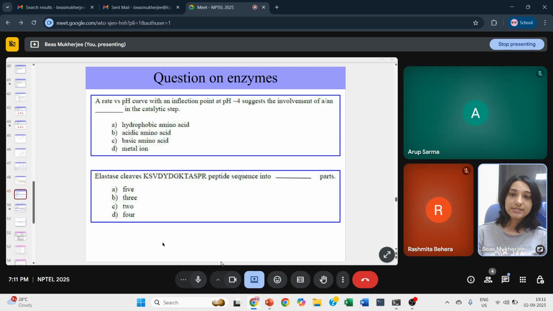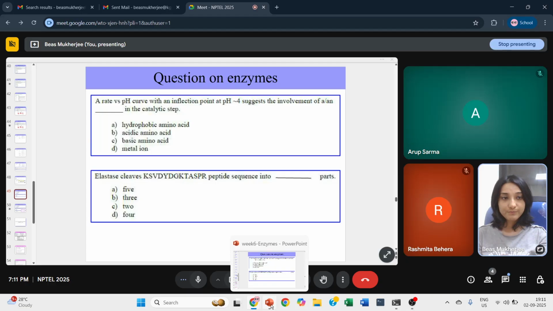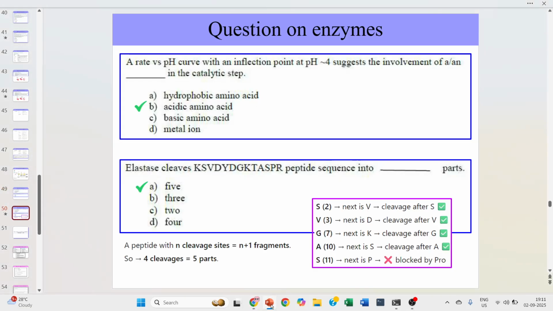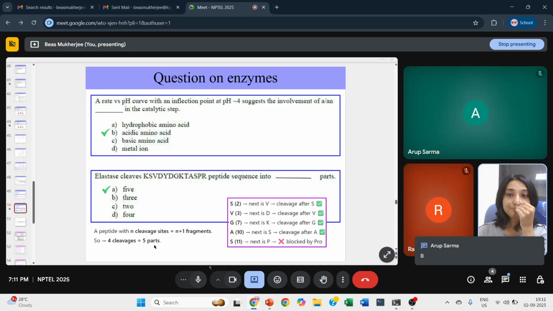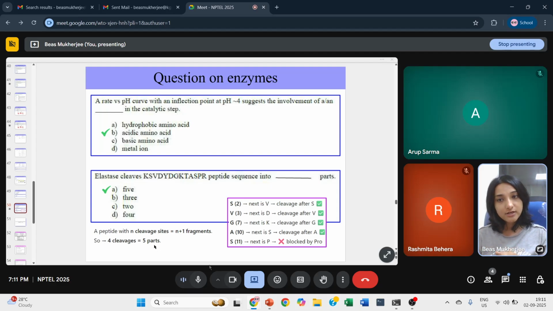Right, so you're trying to answer this one. We'll look at the answers. So it's actually five different fragments that will be formed.